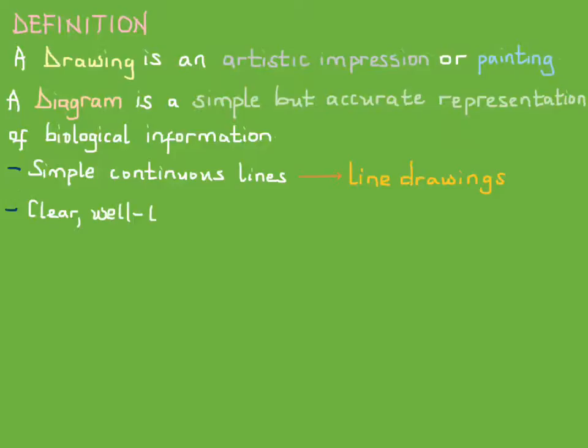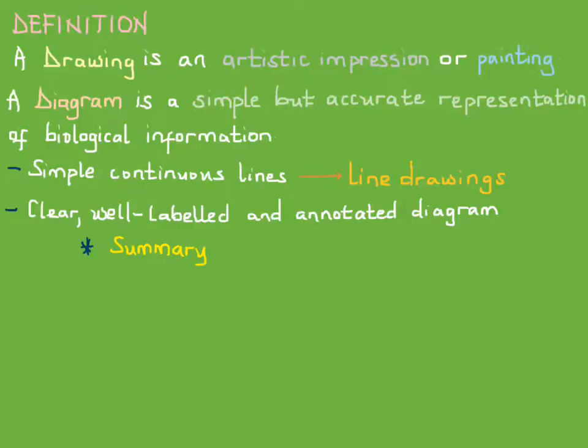A clear, well-labeled and annotated diagram is very useful because it acts as a summary for long and complicated descriptions. It is much easier to draw a diagram than to memorize and keep long descriptions and complicated observations. How then can we make good biological diagrams?